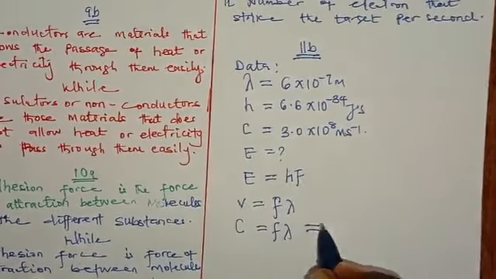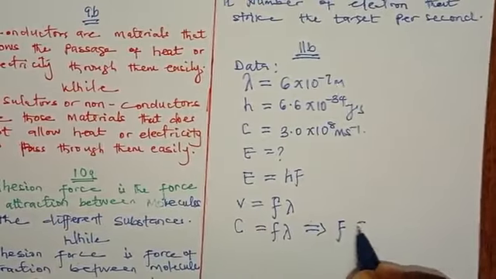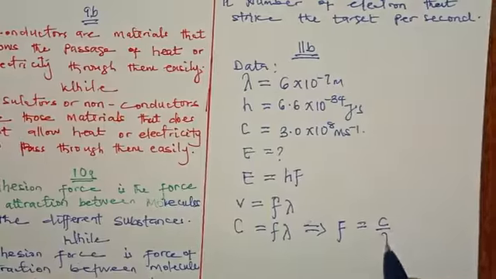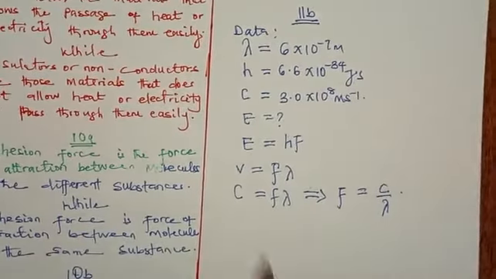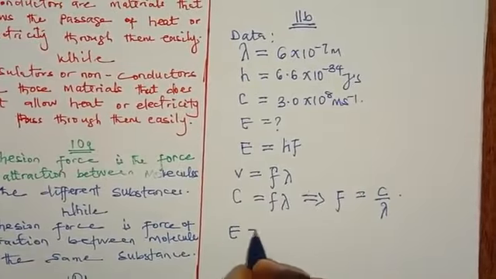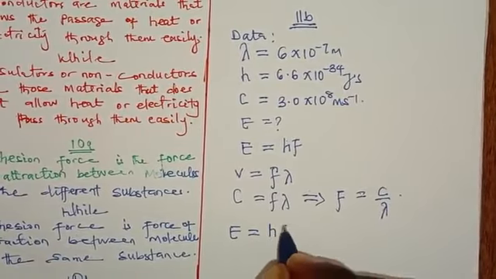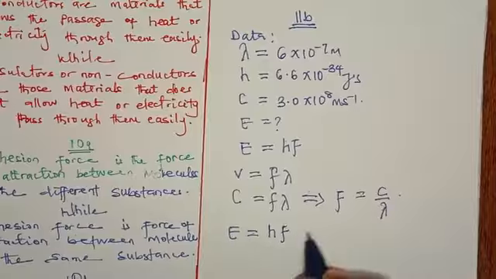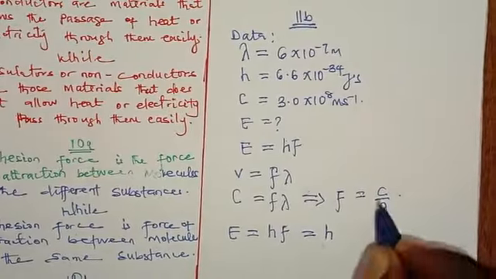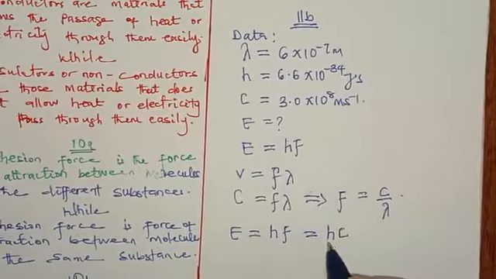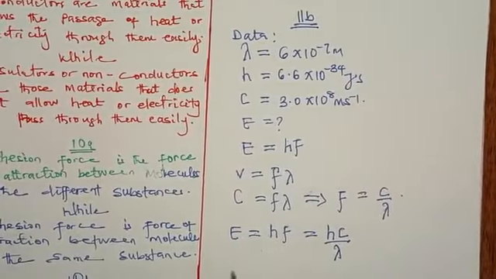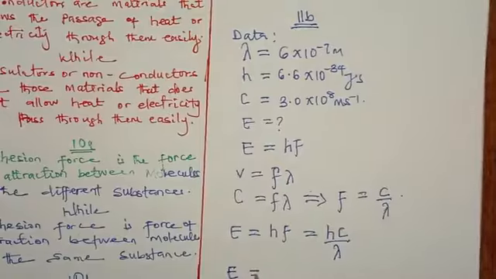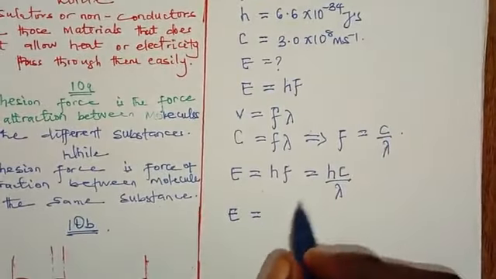Which implies that frequency is equal to C all over lambda. So in this equation, E equal to hf will now become hc all over lambda.